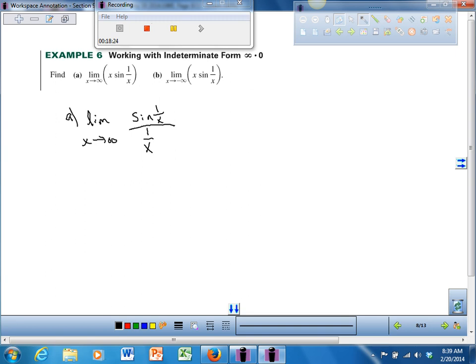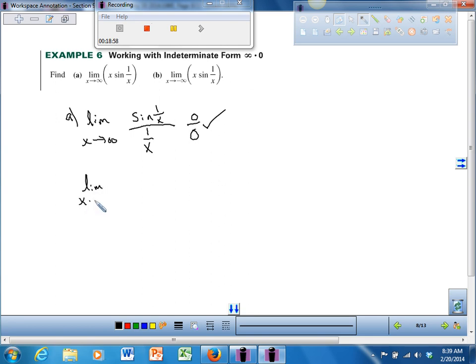Now I have a function over another function. So when we plug in, we get sine of 0 is 0. As x gets huge, 1 over infinity approaches what? 0. Now we have a 0 over 0. So now we can apply our L'Hopital.